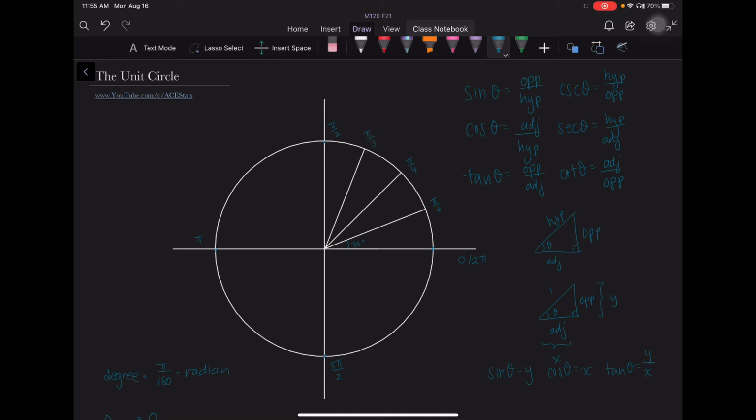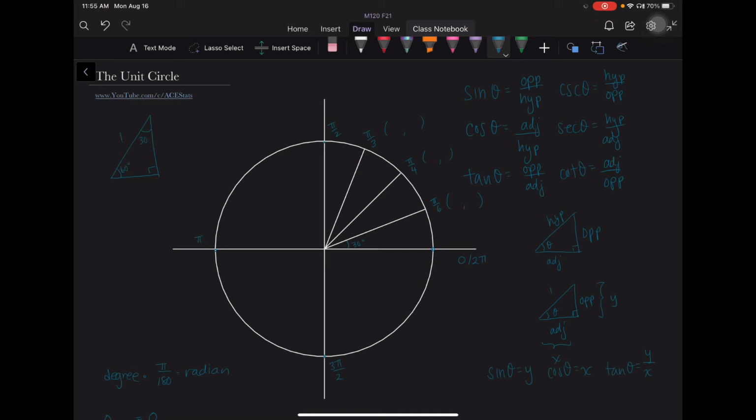Now, filling in those values for the ordered pairs, remember that the opposite is going to be your y value, and the adjacent is going to be your x value. So we can go back down to our 30, 60, 90 triangles. We can actually write those values here. So for our 90 degrees, remember, our hypotenuse is 1. This is our 60-degree angle.